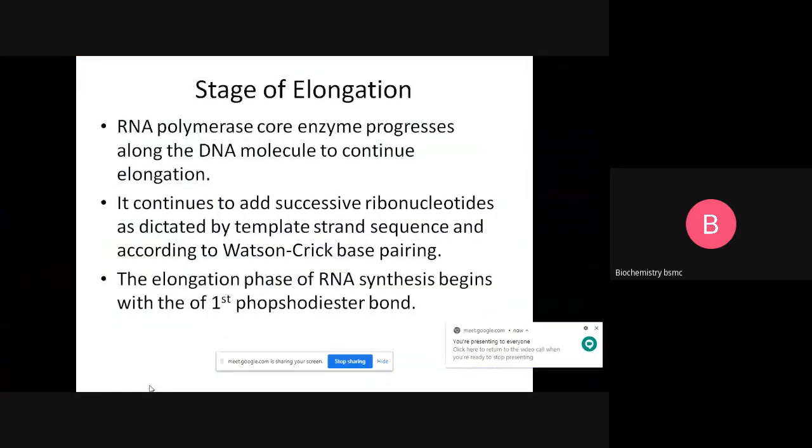Acha. In the ongoing discussion on the topic of transcription, we move forward to the discussion of the stage of elongation.